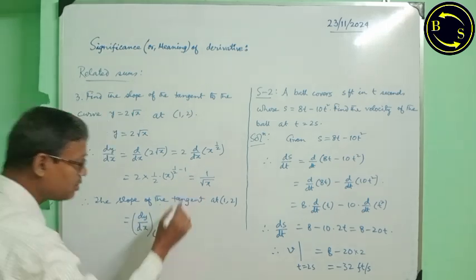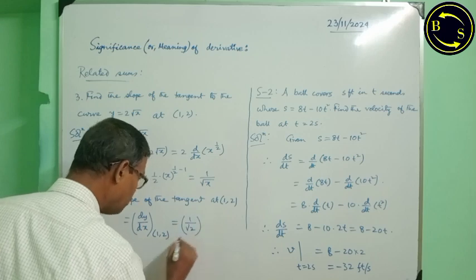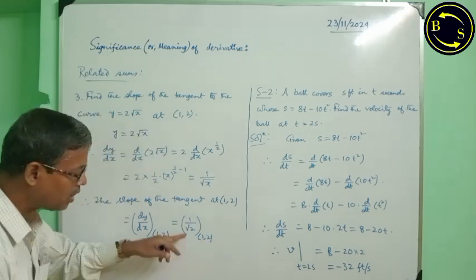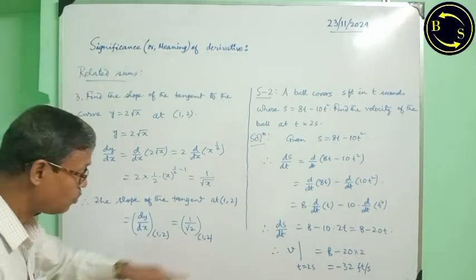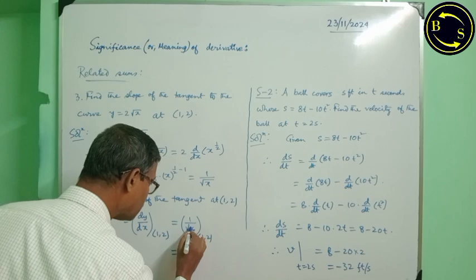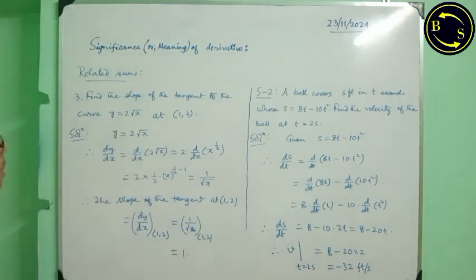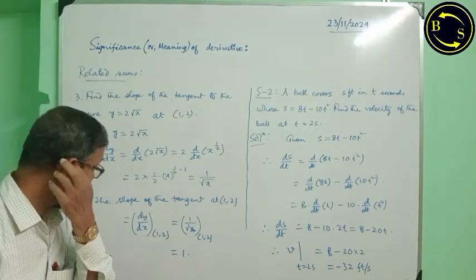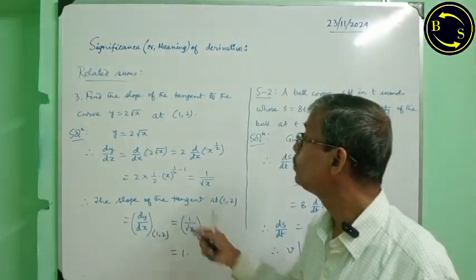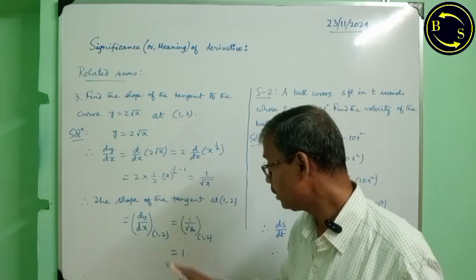Now dy/dx is 1 by root x at the point 1, 2, means here x equal to 1, y equal to 2. This is x, not 2. Therefore, it should be 1. Therefore, slope of the tangent to the curve y equal to 2 root x at the point 1, 2 is this one.